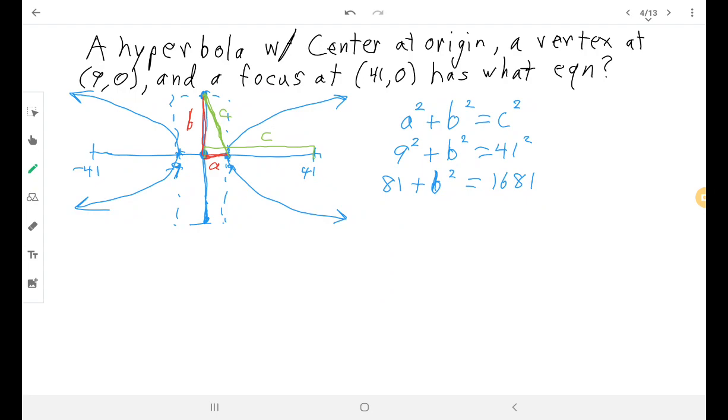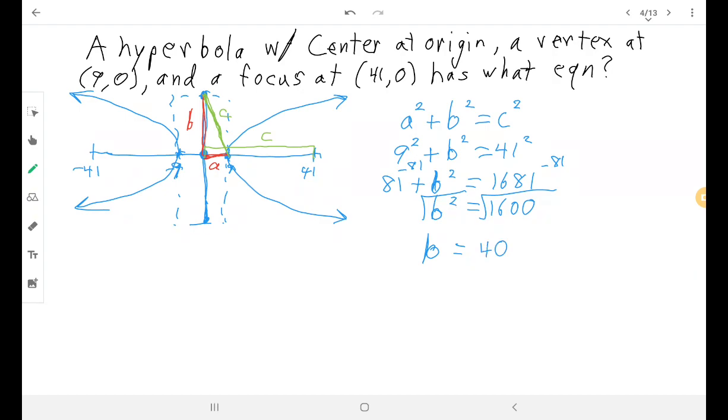Well, that's going to be super convenient, because then as I solve, I'm going to subtract 81 on both sides. I'm going to get B squared equals 1600. And so when I take the square root, I'm only taking the positive square root because we're talking in distance. Then that distance B is 40.